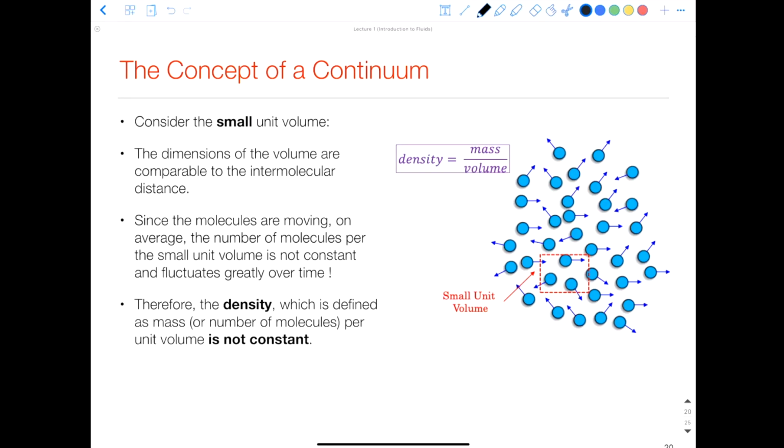So how can we make that assumption, and how is this valid? Let's first consider just a small unit volume. And when I say small, I mean on the order of the interatomic spacing of the atoms in a fluid.